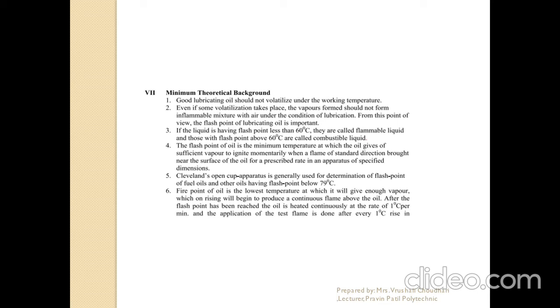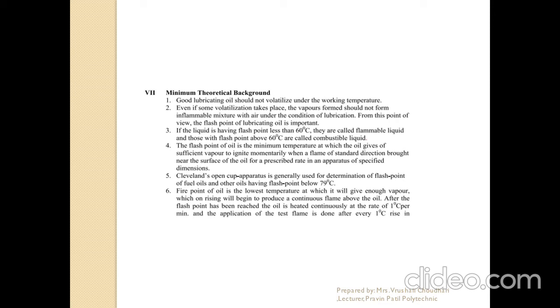The flash point of the oil is the minimum temperature at which the oil gives sufficient vapor to ignite a flame. The Cleveland Open Cup apparatus is used to determine the flash point of fuel having a flash point below 79 degrees Celsius.